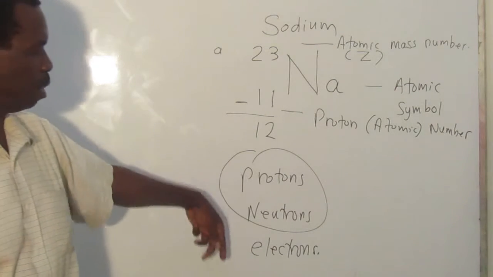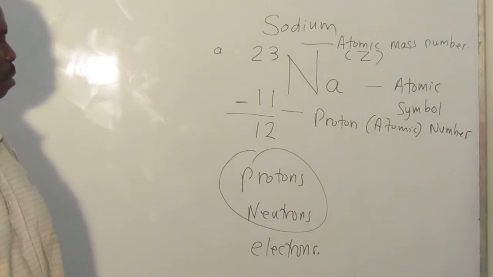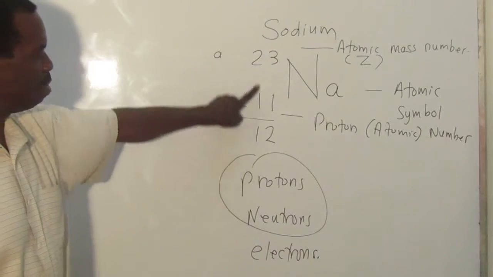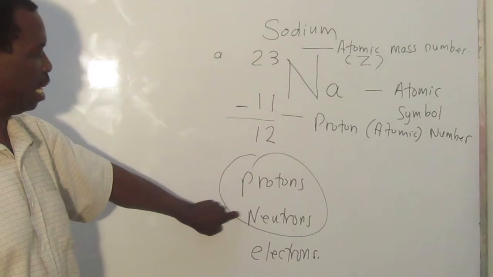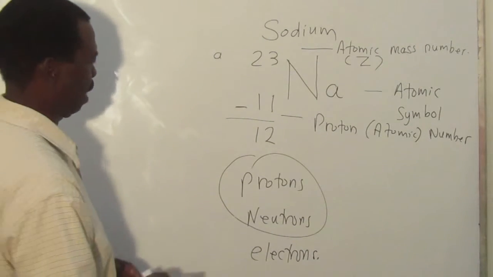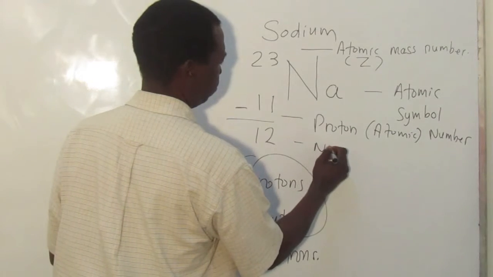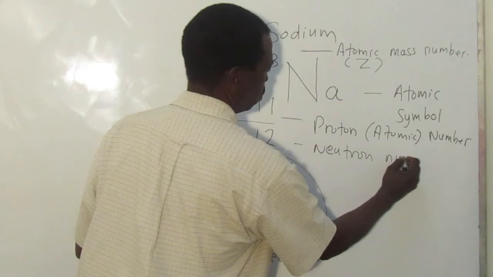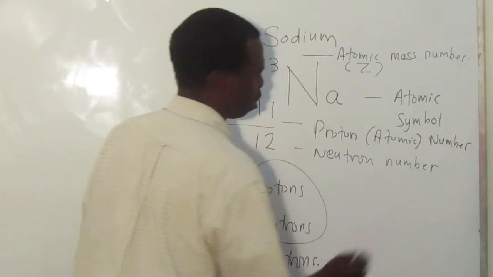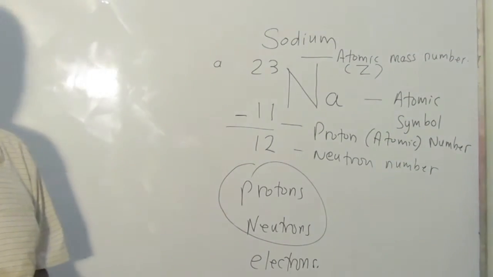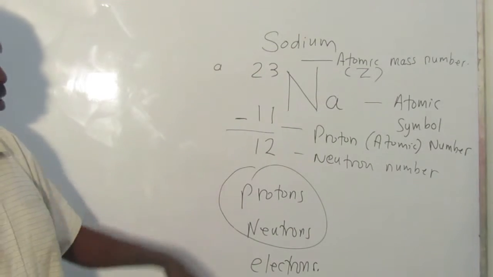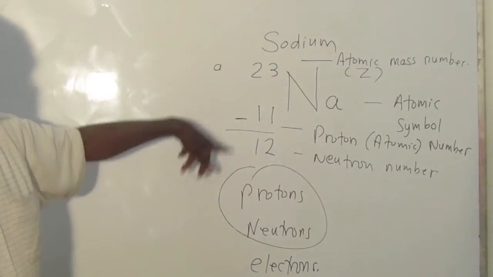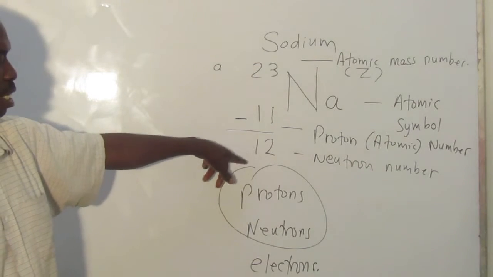Because I've already talked about protons, so when you subtract these, whatever number you get is the neutron number. Anytime we write this, at the back of your mind, when you subtract, you should be able to say that there is a 12.